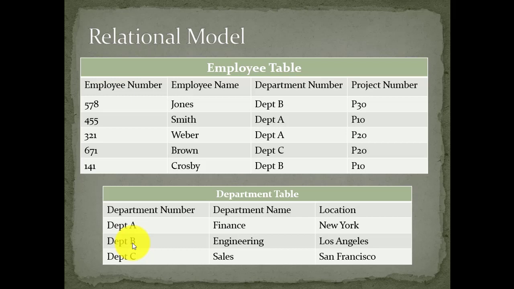Almost 90% or more of databases are of the relational type of model, and the reason is this: I can extend any number of tables, I can extend any number of columns into a table, and it is easy to understand.